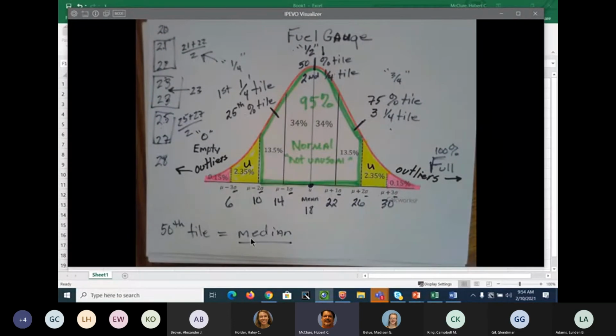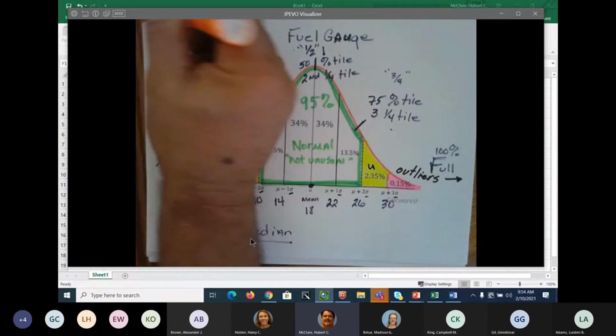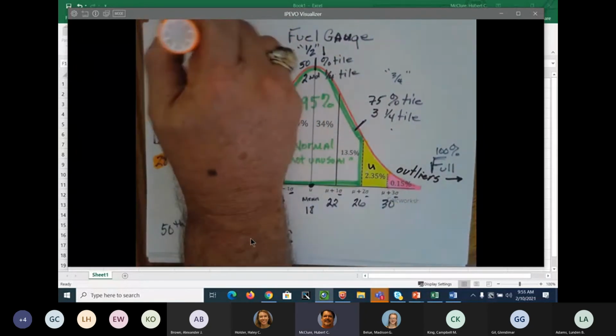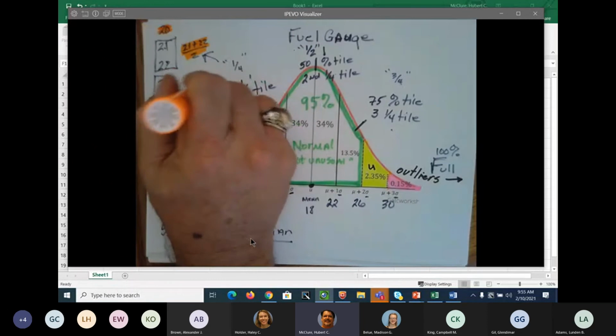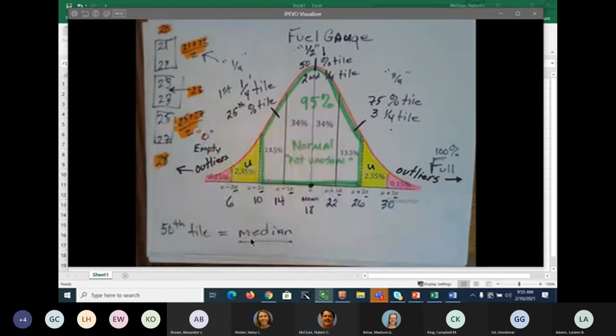Okay, appreciate it. And the 5-number summary, because now the 5-number summary is the min, the max, the first quartile, the second quartile, which is the median, and the third quartile. That's your 5-number summary.